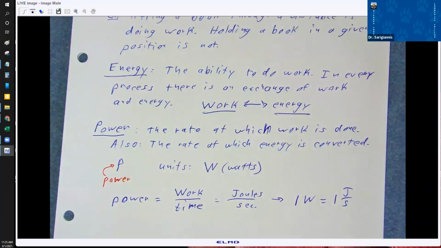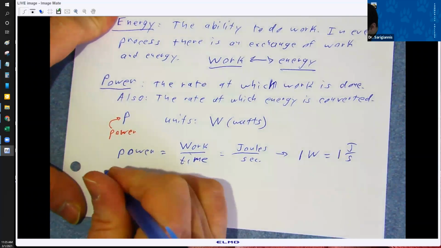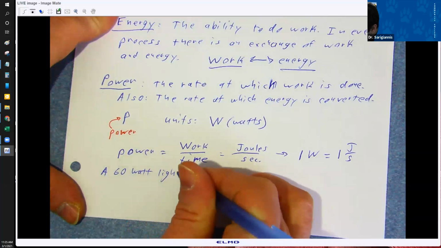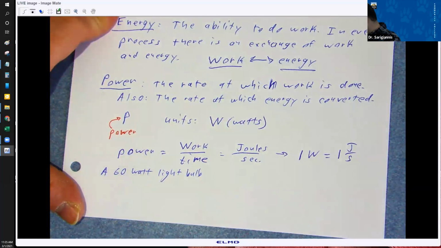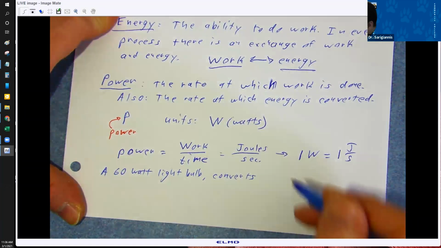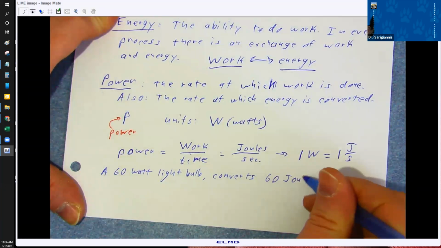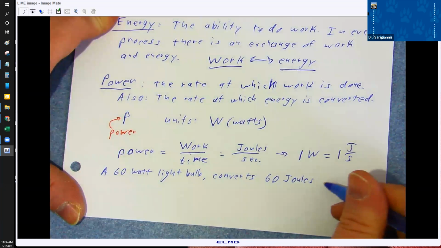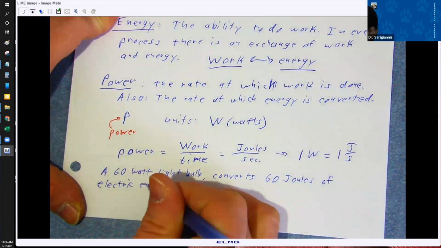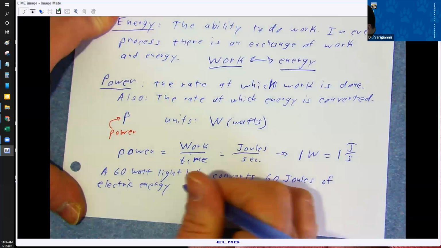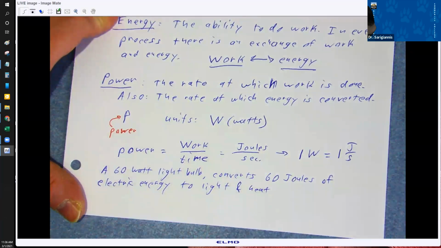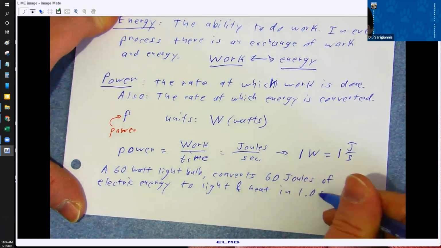A 60-watt light bulb, which I'm not sure if those even exist anymore, converts 60 joules of electric energy to light and heat in 1.0 seconds.